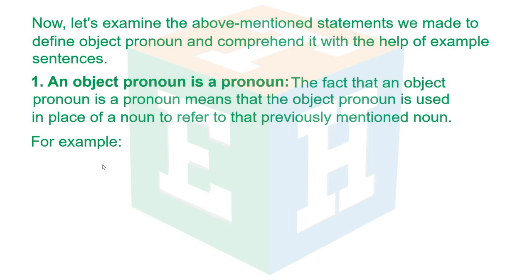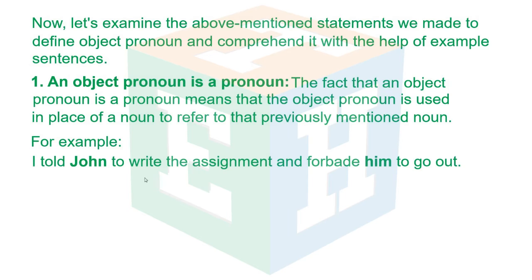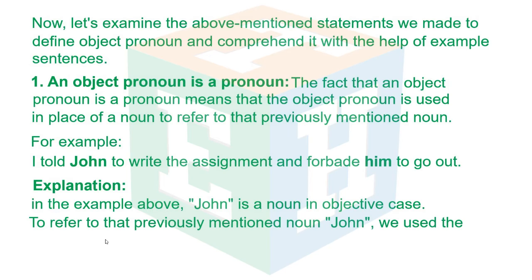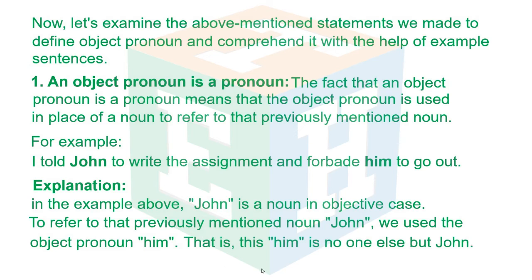For example, I told John to write the assignment and forbade him to go out. Explanation. In the example above, John is a noun in objective case. To refer to that previously mentioned noun, John, we use the object pronoun him. That is, this him is no one else but John.